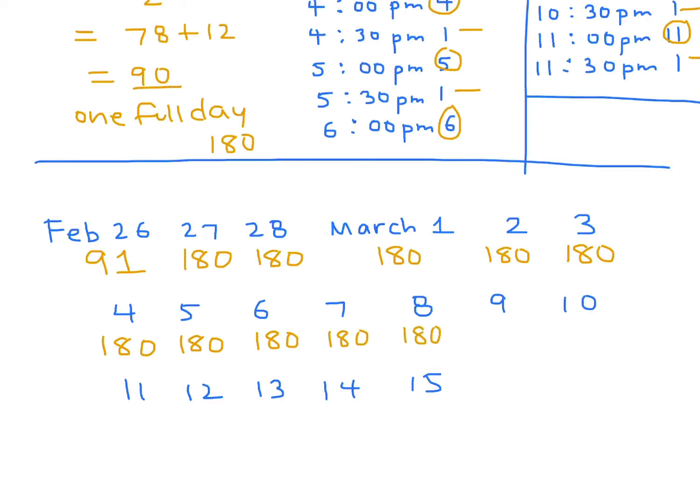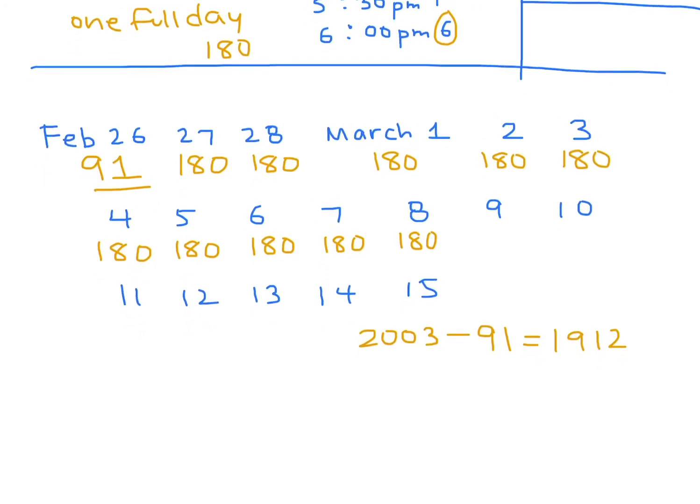Okay, no problem. We can do that mathematically. 2003. First, let's subtract this 91. All right? And that will give you 1912. Now, you take 1912 and say, okay, this has got to be divided by 180, right? Because every day you're going to be getting 180 chimes. So that will give me the number of days.